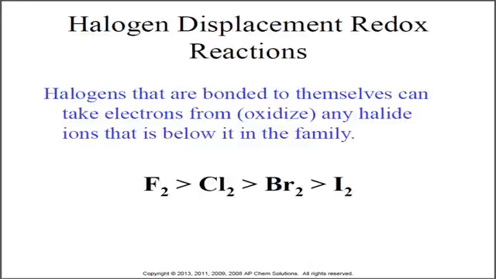Halogen displacements are where halogens bonded to themselves can take away electrons from, or oxidize, any halide ion that's below it in the family. Fluorine is the strongest here. It can oxidize anything below it, and if you look at the periodic table, these do go in order down the halogen family.